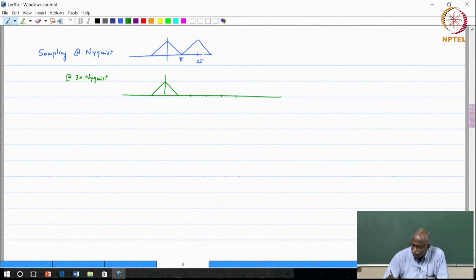Okay, if this is pi by 3, minus pi by 3, this is pi, this is 2 pi, and this is the copy of the spectrum going from 5 pi by 3 to 7 pi by 3. Okay. So, basically this is a case where you have oversampled. If you had oversampled at 3 times the Nyquist rate, this is the spectrum that you would have observed.